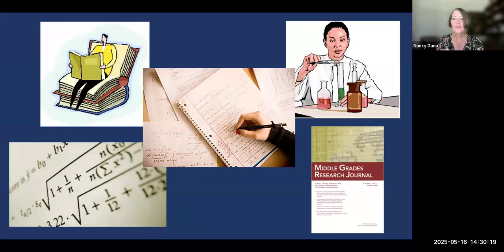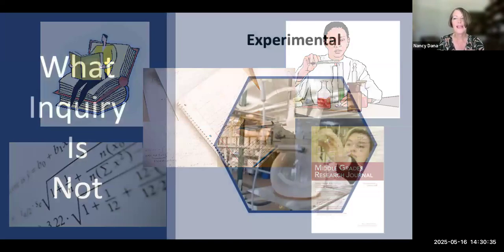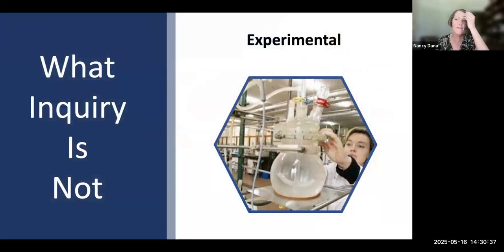And in order to further illustrate that, and why my word that I like to use for this process is inquiry and not some of those other words, action research, teacher research, classroom research, there's nothing wrong with them, but I prefer that term inquiry to help us debunk some of the myths about what this process is about. So it is not about doing an experiment.